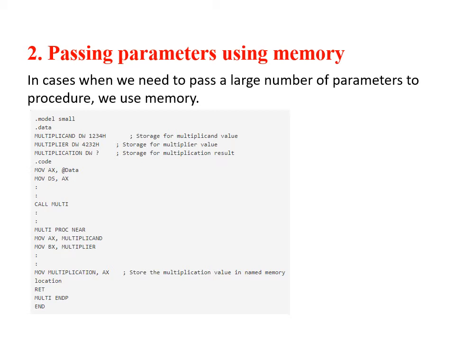Then we move BX with the memory location multiplier. Then we multiply, and after the multiplication the result is in AX. We can move that AX back into another variable, so we are storing the multiplication value in a named memory location.